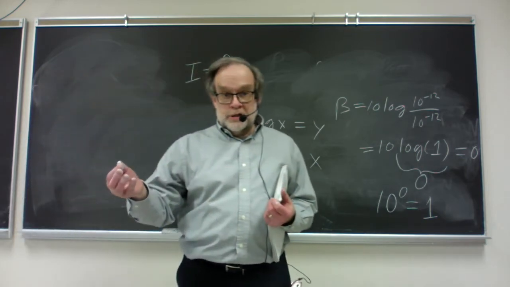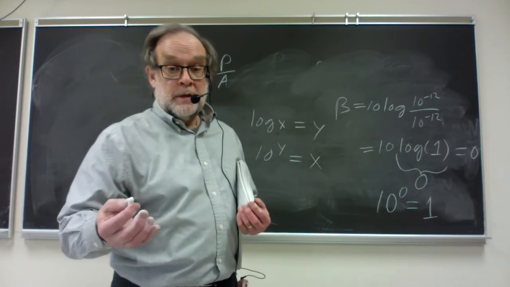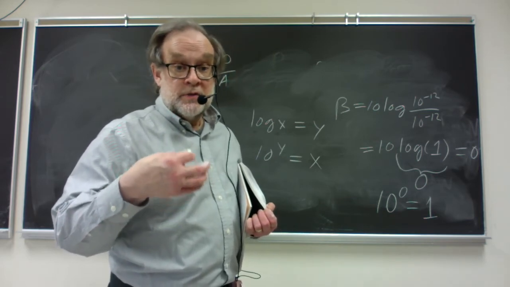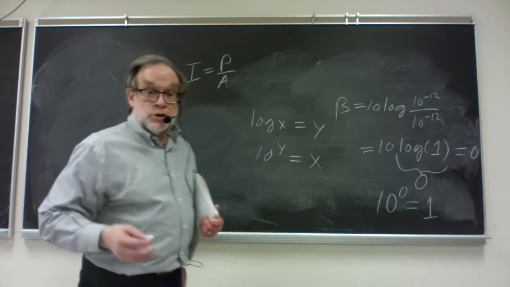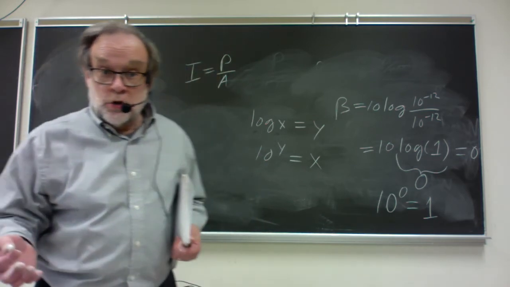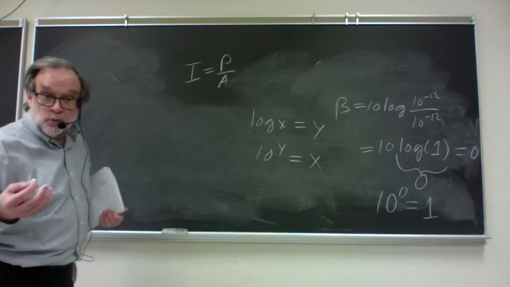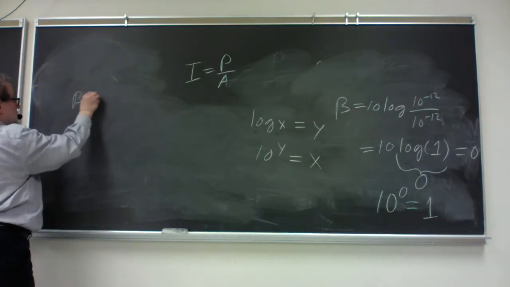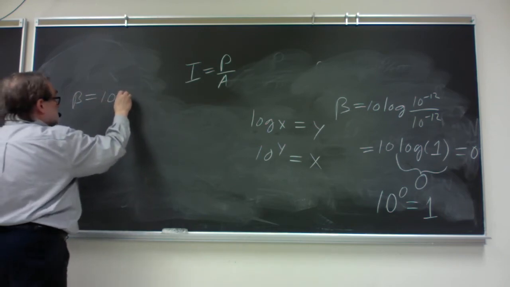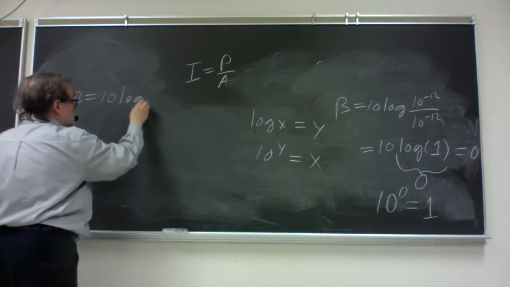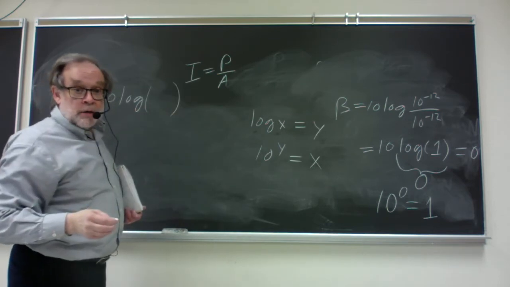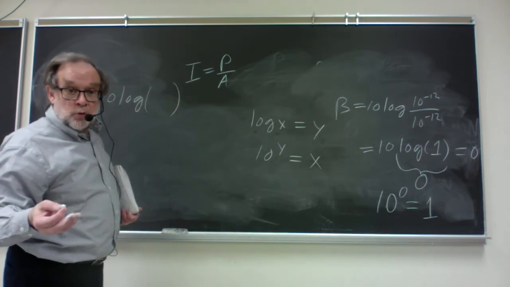A dog, for instance, can hear something even quieter, maybe a sound wave with an intensity of 10 to the minus 13. So how many decibels does that correspond to? Well, do the same rule again. The decibel level is 10 log the intensity of the wave that we're thinking about, which in this case is something that only the dog can hear.